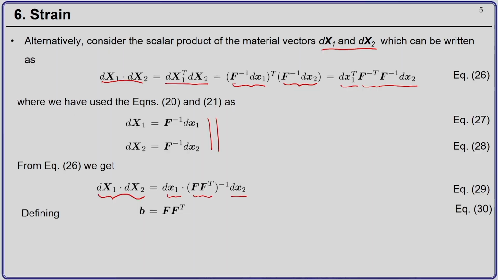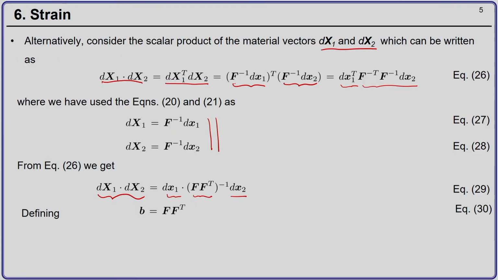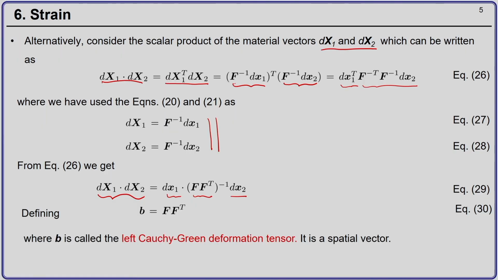Now, I can define another tensor B, the symbol B, as f f transpose, and this tensor B is called the left Cauchy-Green deformation tensor. So, capital C was called the right Cauchy-Green deformation tensor, and B is called the left Cauchy-Green deformation tensor, and this tensor is totally a spatial tensor.